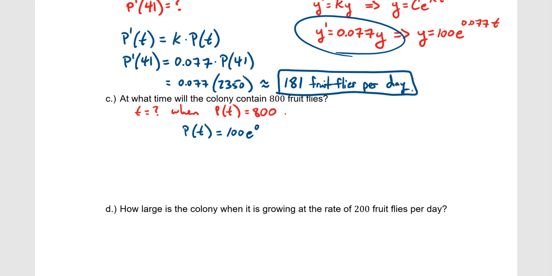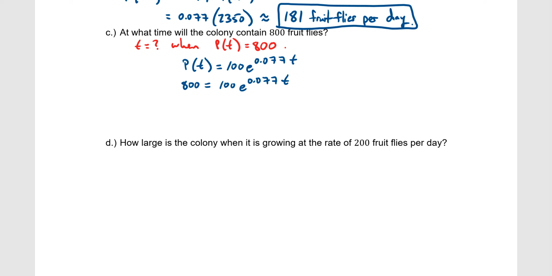P of t is 100e to the 0.077t. And we're going to substitute p of t with 800 and solve this for t. So that's 800 equals 100e to the 0.077t. Solve this for t.